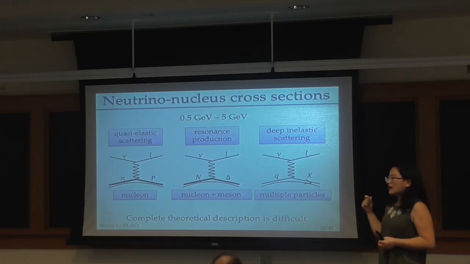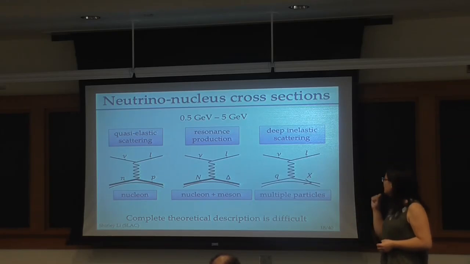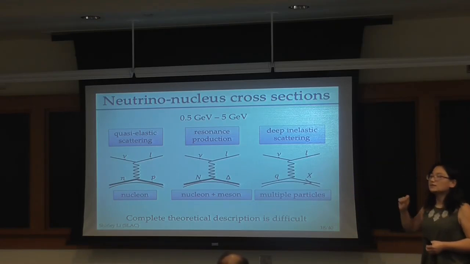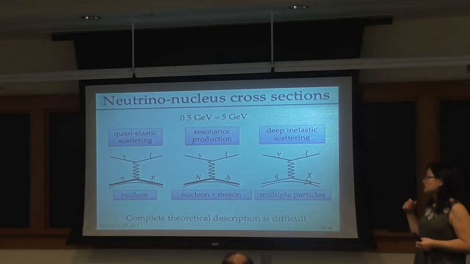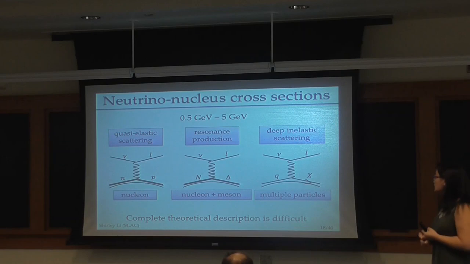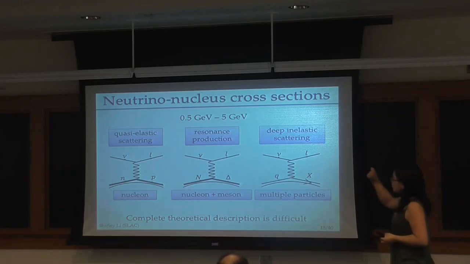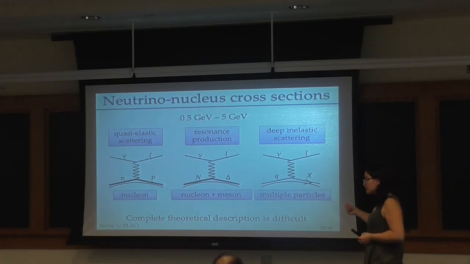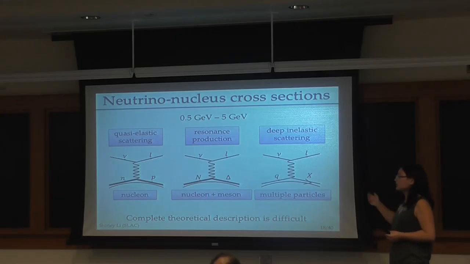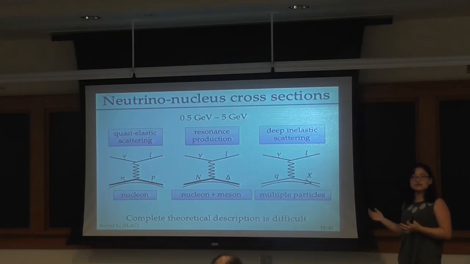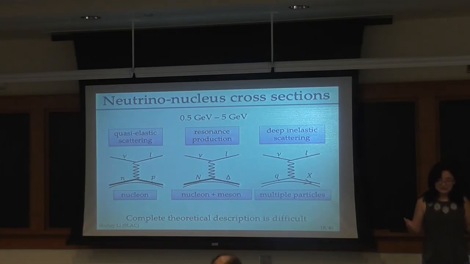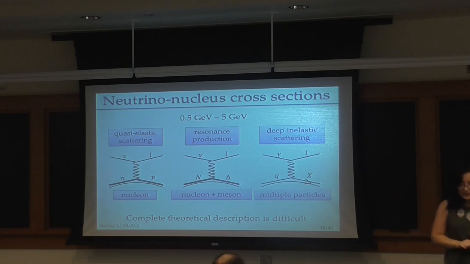When the energy transfer gets higher, this struck nucleon can become excited into baryonic resonances. So this is the region of so-called resonance production. And of course, when the energy transfer gets even higher, essentially you're interacting with the partonic degrees of freedom in the nucleus, or in the nucleon. And this is the so-called deep inelastic scattering regime.